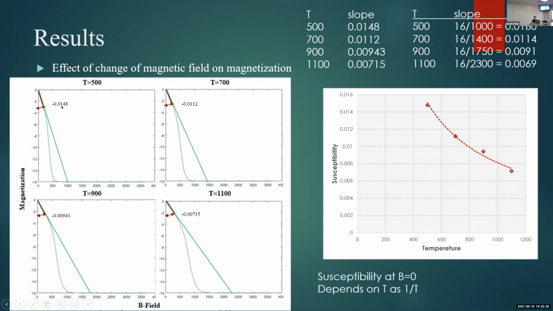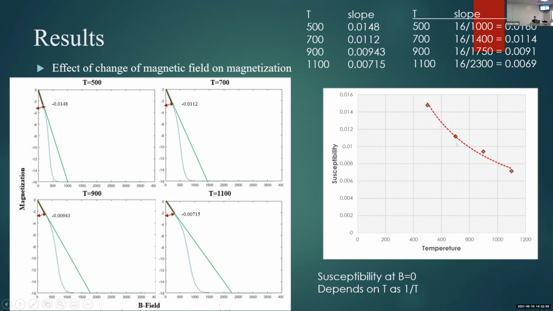So I calculated the slope, and the slope of the magnetization with respect to magnetic field is susceptibility. So the amount of this slope is equal to susceptibility. And then I plotted the susceptibility with respect to temperature. And these 4 points are my data. The curve is the fitted function for all of these 4 points.